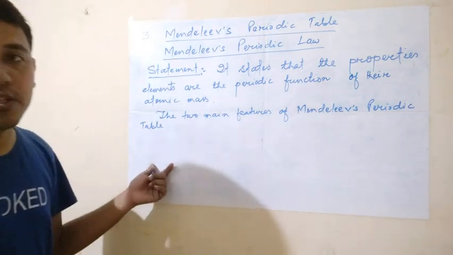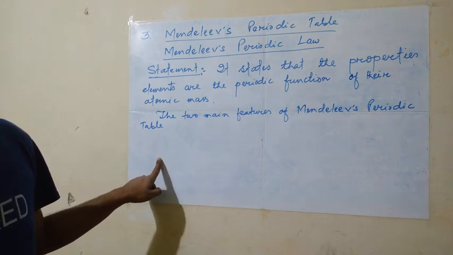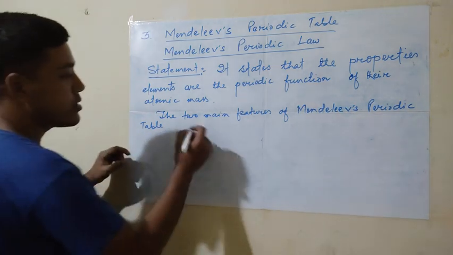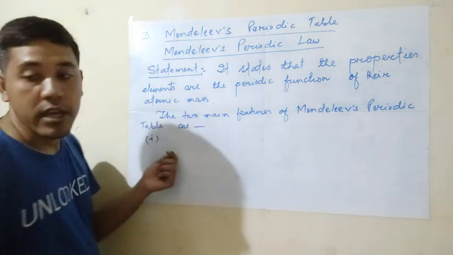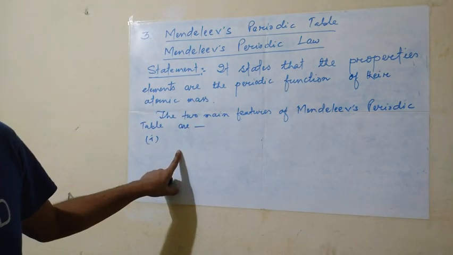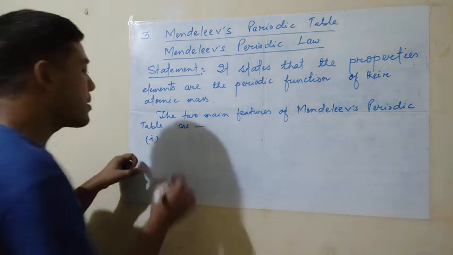What are the two main features of Mendeleev's periodic table? This is one of the most important questions. Number one is the increasing order of their atomic mass.